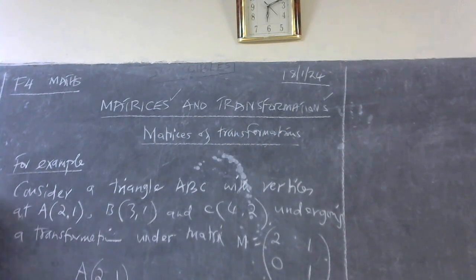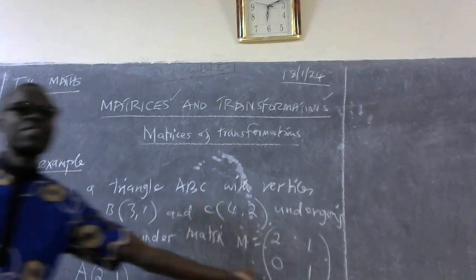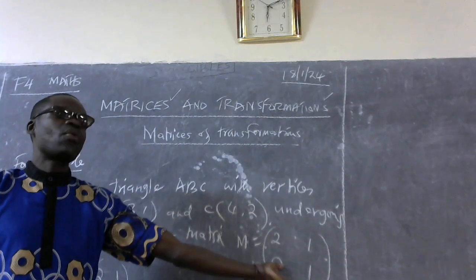When it is an image, we shall indicate image, image, image as the first image. If it is the second image, we shall indicate second image. We shall see as we proceed. So let us have a triangle ABC undergoing a transformation under the matrix you have described as 2, 1, 0, 1.